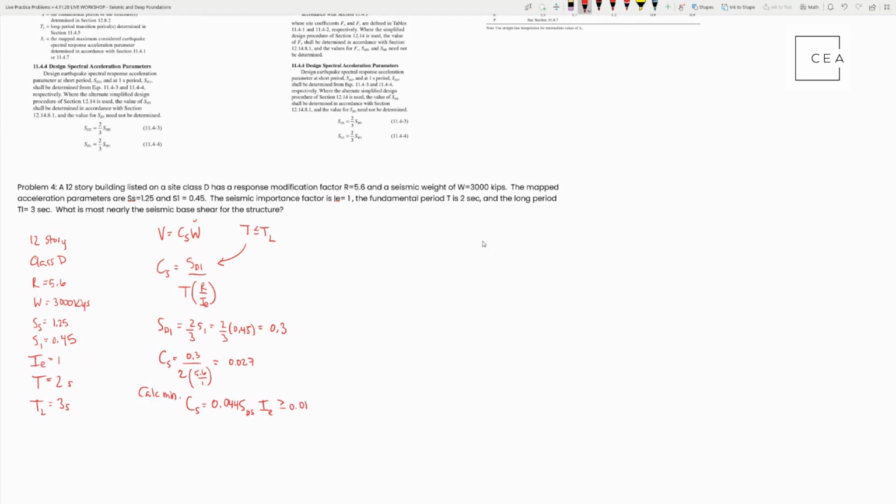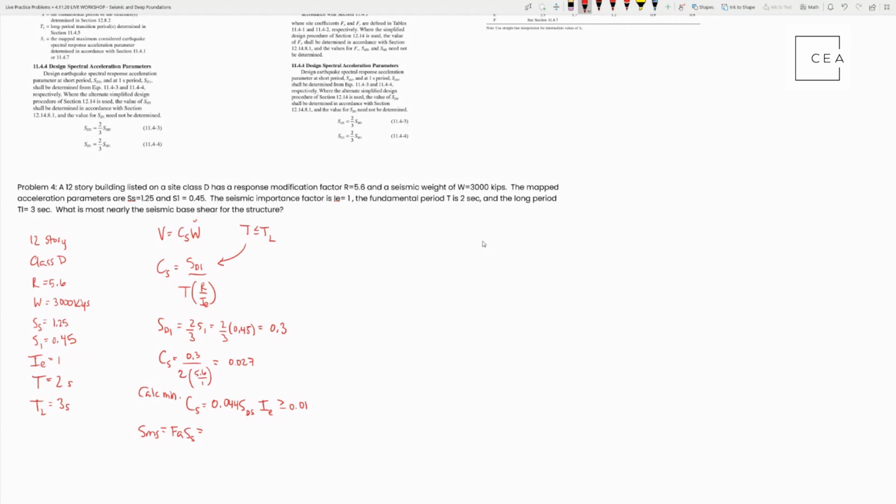So now we have to find what SDS is. To find SDS, you have to solve for SMS. SDS is the short period. To solve for that, we have to find the max period, which is what SMS is. And we use equation 11.4-1 and the table that we showed. So if you go up there and look at it, SMS is equal to FA times SS.